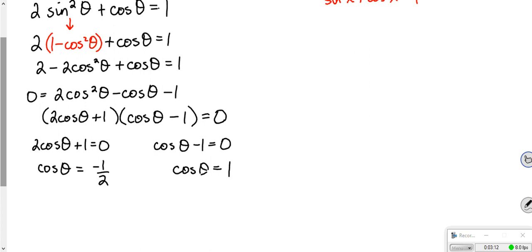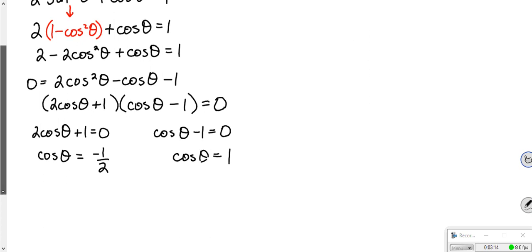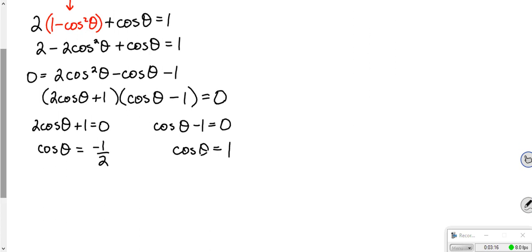If you look at your unit circle, remember, cosine is your x-axis, so it's negative in the second and third quadrant. So this is going to give me 2 answers.